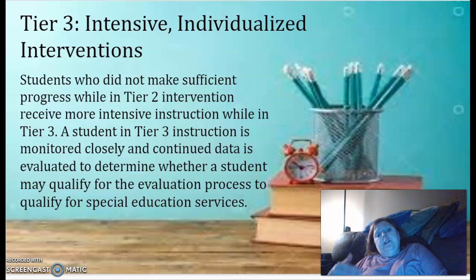They can be moved to Tier 3 to get that more intensive instruction. Students in Tier 3 can actually move to Tier 2 if they make adequate progress and are showing their ability to gain the necessary skills and qualify to move into Tier 2.